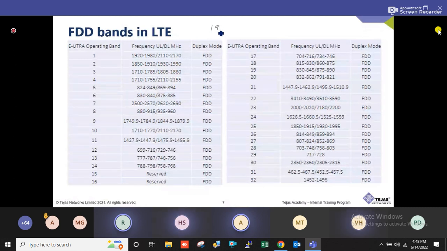When we say 1980, don't compare it with 2110, because 2110 is the starting frequency. So 2110 corresponds to 1920, and 1980 corresponds to 2170. If you see, the gap is 190 megahertz here, and the gap is 190 megahertz there.